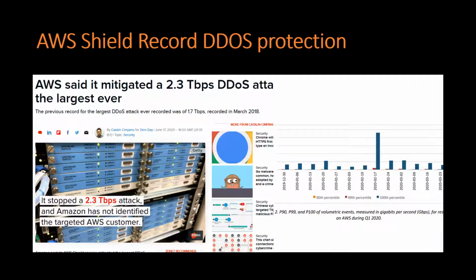Now, in the first quarter of 2020, AWS Shield mitigated a huge 2.3 Tbps DDoS attack. AWS did not mention which customer it was for, but many media houses covered this attack, and this was done very silently. It did not create any havoc across the internet, mainly because of the way AWS mitigates these attacks.